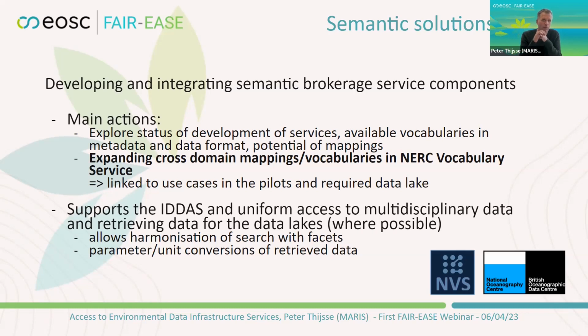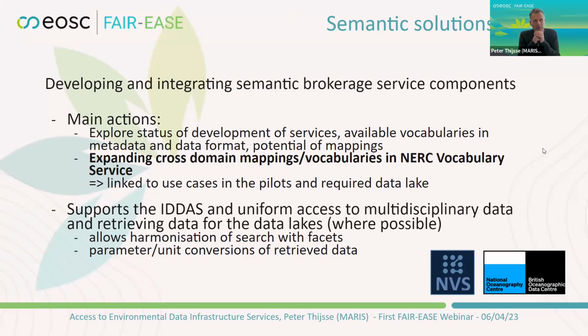And then there are tools available, like the NERC vocabulary service, that can offer mappings. They already have first cross-domain mappings, which they call smart mappings, from one domain to the other. We want to make use of that as much as we can, and set up additional mappings to support the user in finding that data.